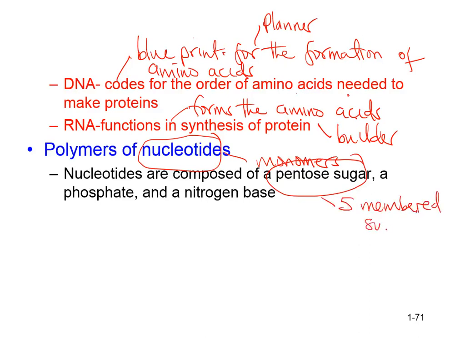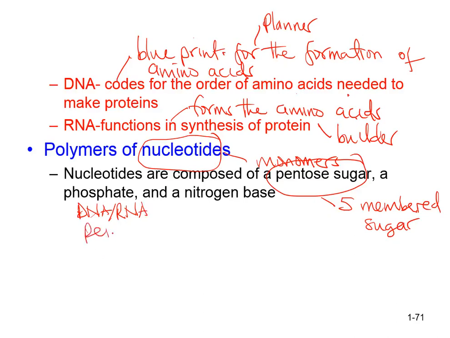So we need to take note of that. A DNA must have pentose sugar, must have phosphate and nitrogen base. Or RNA, the same thing. So DNA or RNA must have these three things.